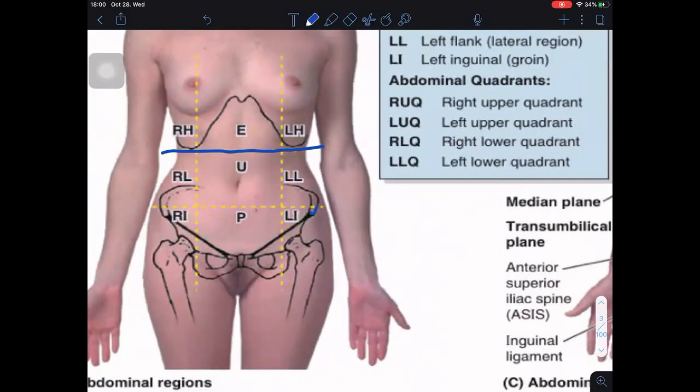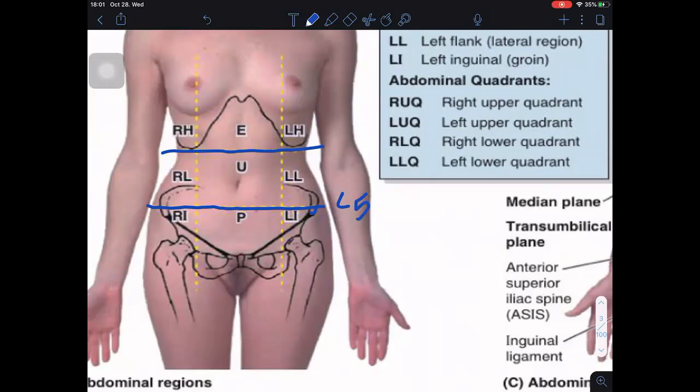From there, you can make a horizontal line passing toward the opposite tubercle of the iliac crest. In that case, we have the transtubercular plane. All right. And this is located at the level of L5. So with the help of 4 different lines, you can make 9 different regions in the abdomen.